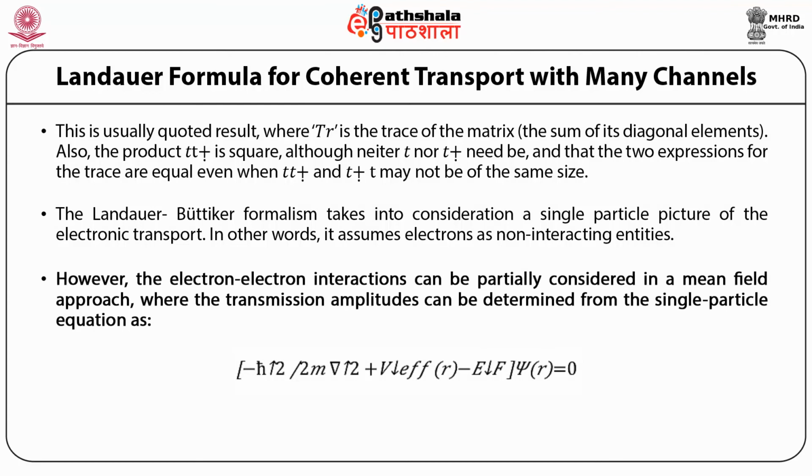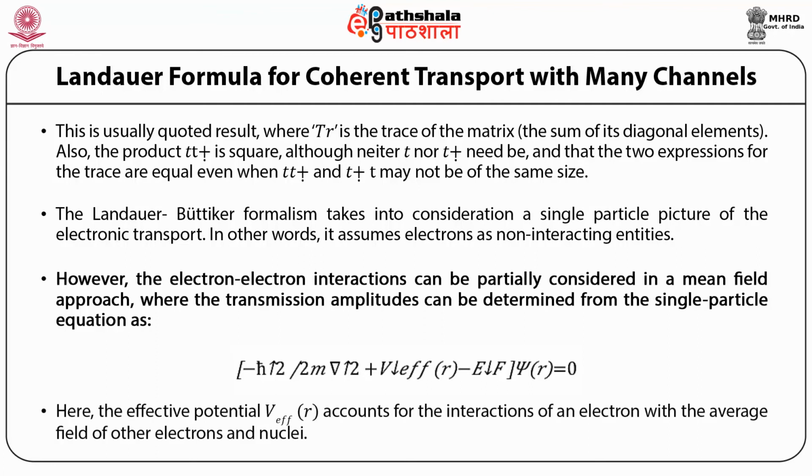However, the electron-electron interactions can be partially considered in a mean field approach, where the transmission amplitudes can be determined from the single particle equation: minus h cut square by 2m del square plus V effective of R minus EF, this whole multiplied by psi of R equal to 0.